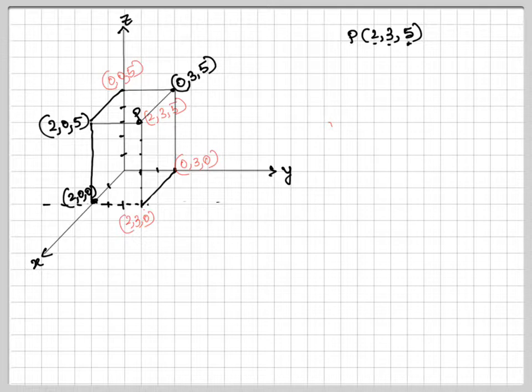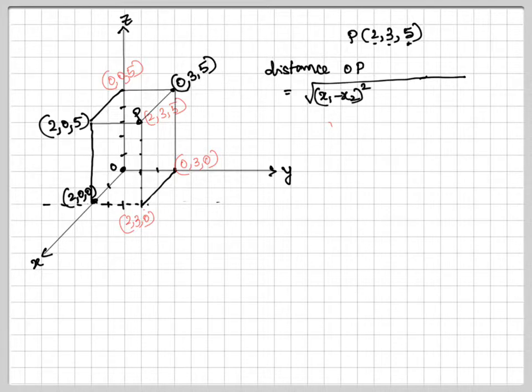Now, the last part of the question is asking us to find the distance between the origin and the point P. So the distance OP is, by the formula, an extension of the two-dimensional formula: the square root of (x1 minus x2) the whole square, plus (y1 minus y2) the whole square, plus (z1 minus z2) the whole square.